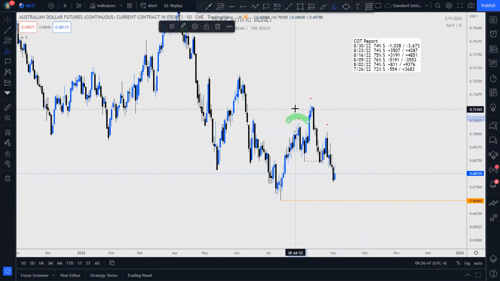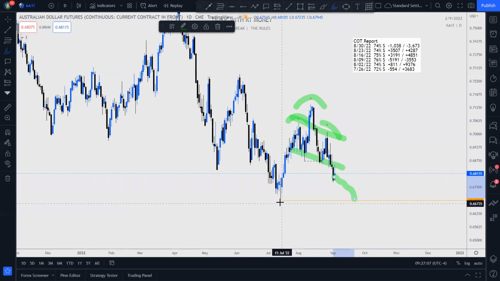It formed a sloping shouldered head and shoulders pattern. And the sloping neckline, the sloping shoulders indicate the strength and momentum to the downside, and that this is likely to reach what I think is the next target of 0.6680, 0.6686.